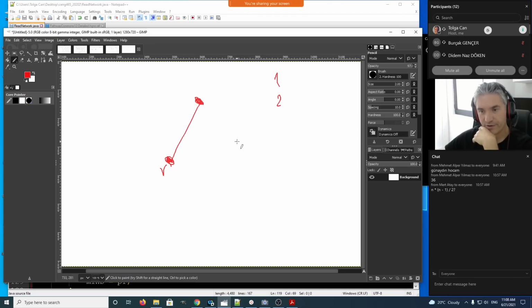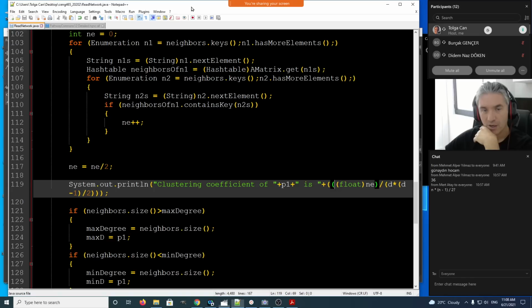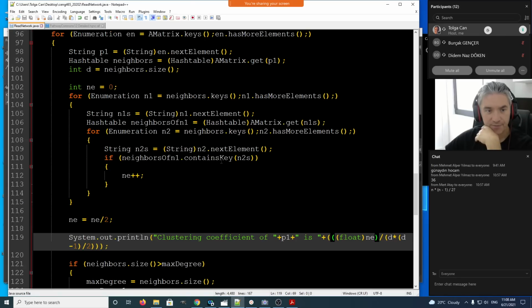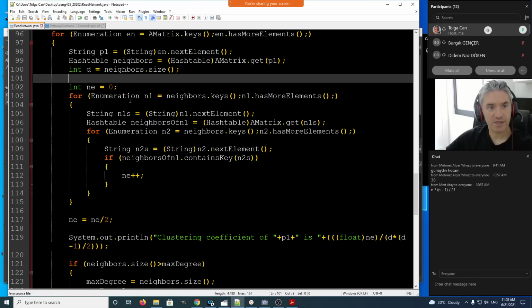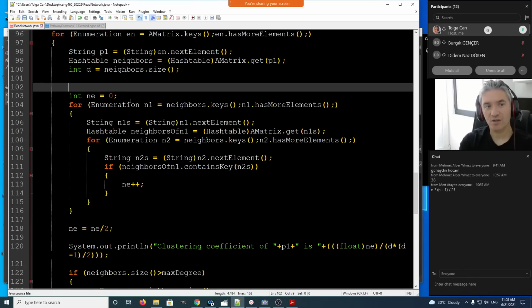I mean, there's no other neighbor considered. What we can do here is compute the clustering coefficient only for nodes if D is greater than 1.